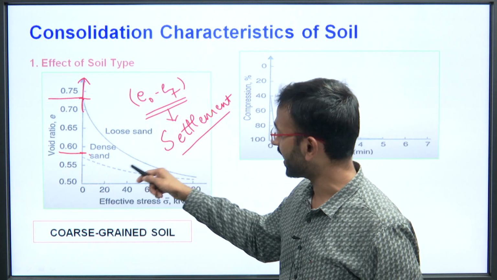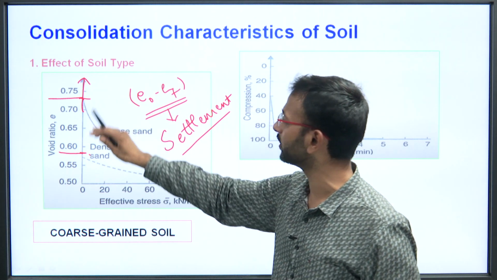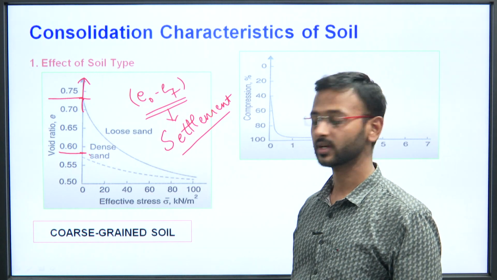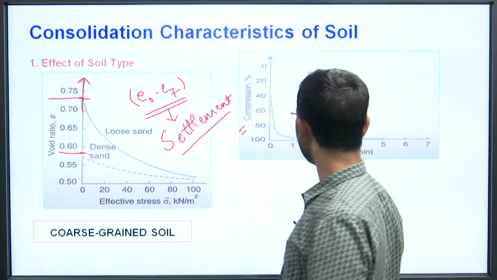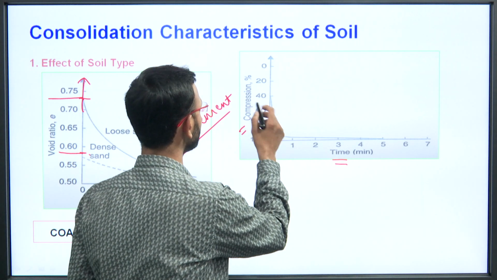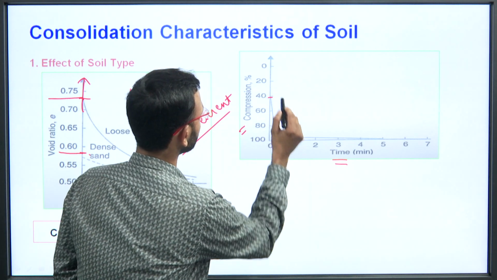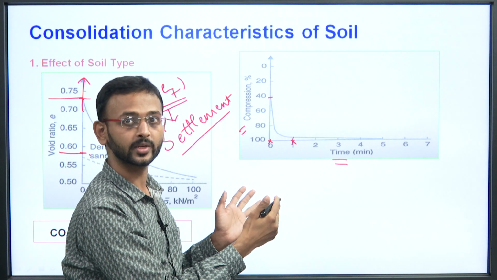So you can see that for sand, in this case, the value is very small, like 0.14. Now see the compression with respect to time. In the very small range, the time is very small, 0 to 1 minute, say.